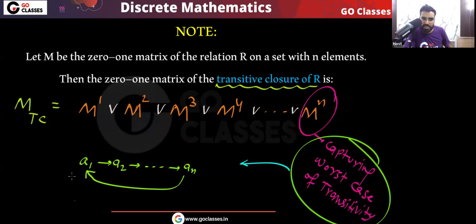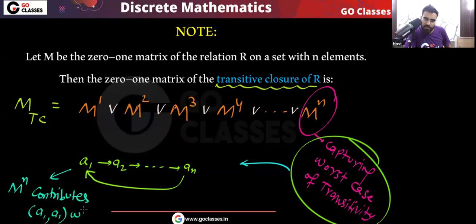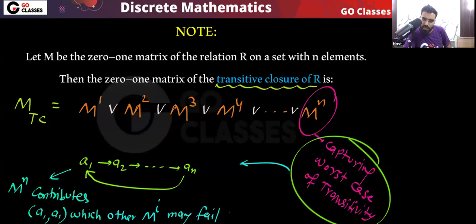So m power n is capturing the worst case of transitivity, and m power n contributes a1, meaning this self loop, which other m power i may fail to capture. Okay, that's it.